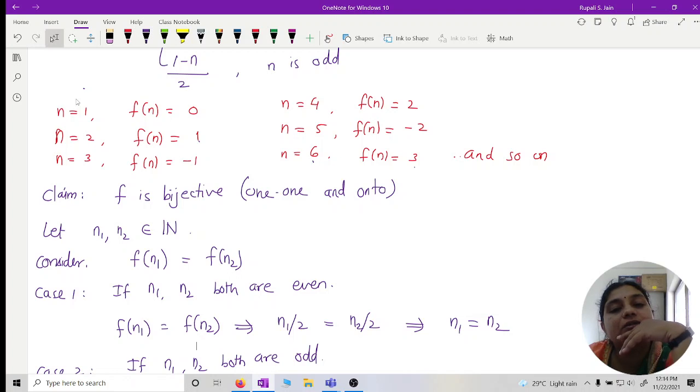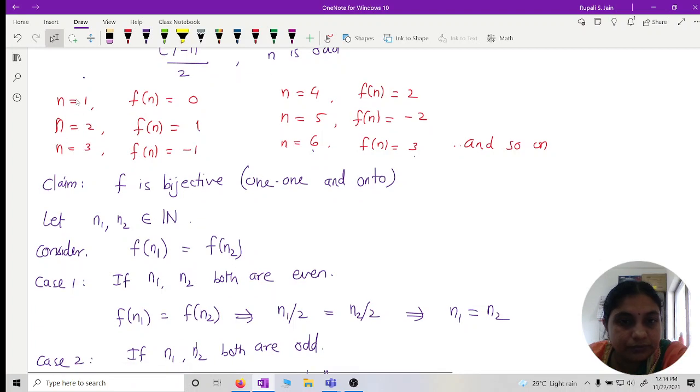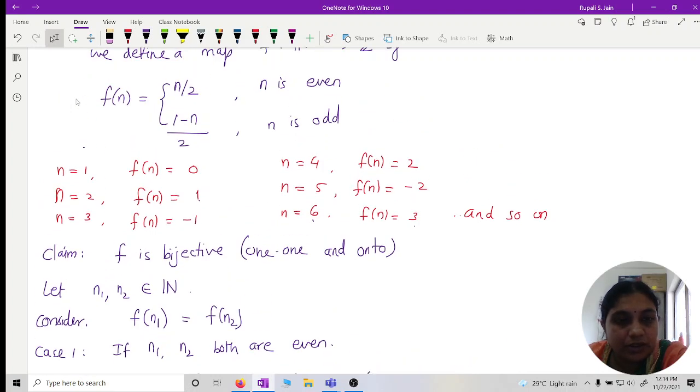How can we show it is onto? For every z belongs to Z, there exists n belongs to natural numbers like that, z equal to 2n. But for even it will be 2n.